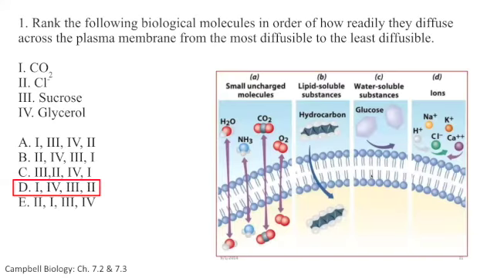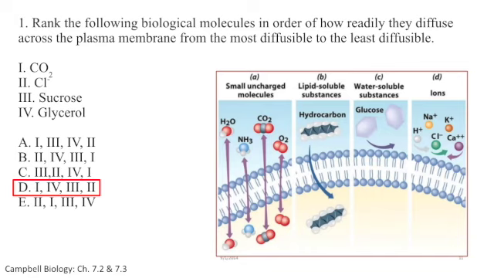Rank the following biological molecules in order of how readily they diffuse across the plasma membrane, from the most diffusible to the least diffusible. So here, remember that the rate of diffusion highly depends on the hydrophobicity, charge, and size of a molecule. Ions and big polar molecules do not diffuse through the membrane, but instead are transported through channels or carrier proteins.